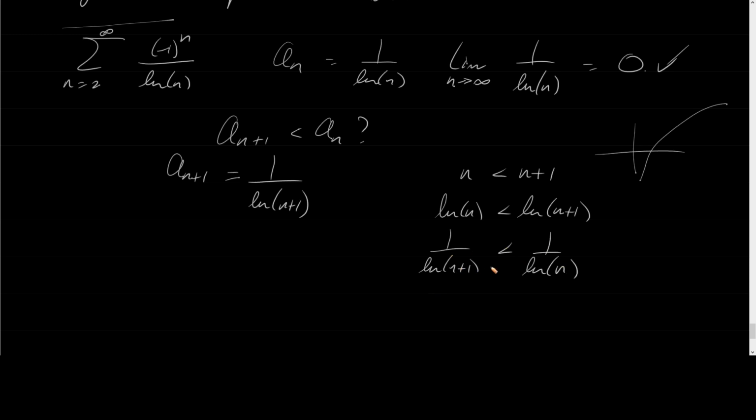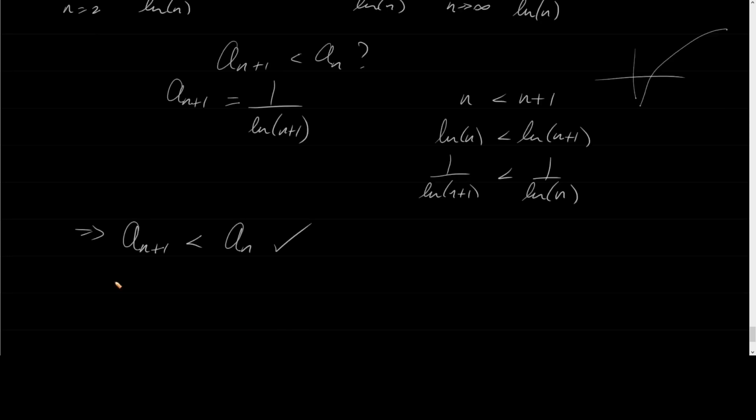Why is that good? Because that's telling us now that a sub n plus 1 is less than a sub n. And now we've got that the limit went to 0, and it is a decreasing sequence, which implies that this series that we cared about, negative 1 to the n over ln of n, is convergent by the alternating series test.